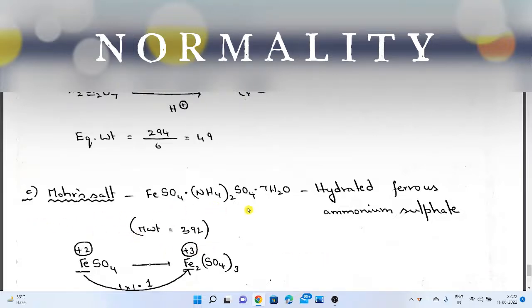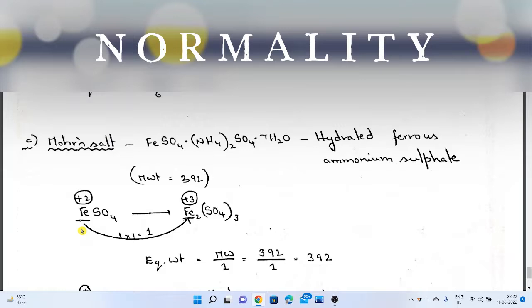And Mohr's salt, a very important salt, is FeSO4(NH4)2SO4·6H2O, hydrated ferrous ammonium sulfate, called Mohr's salt, and its molecular weight is 392. In this Mohr's salt, when a reaction is happening, the iron oxidation state goes from +2 to +3. So the number of electrons transferred during this reaction is 1.